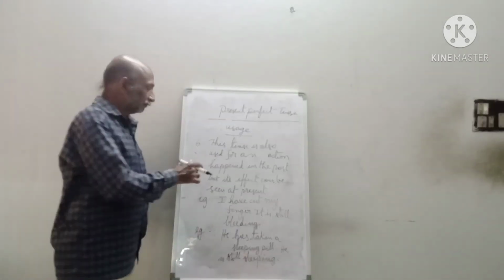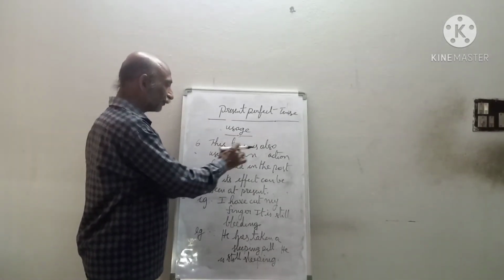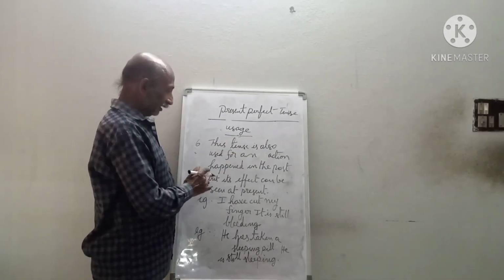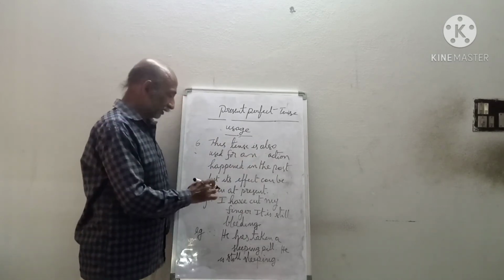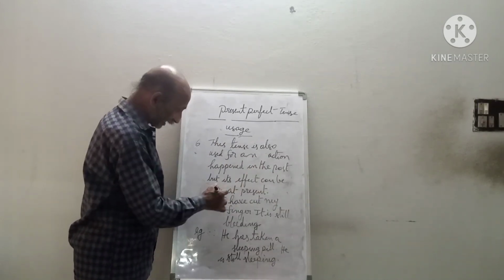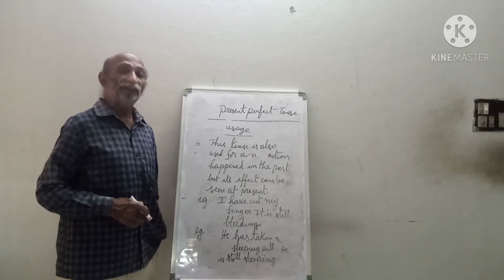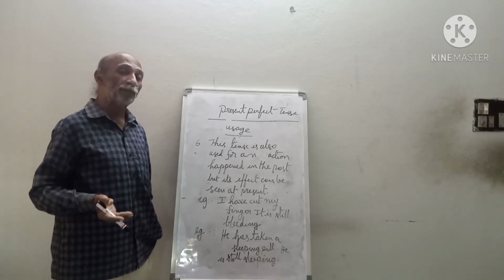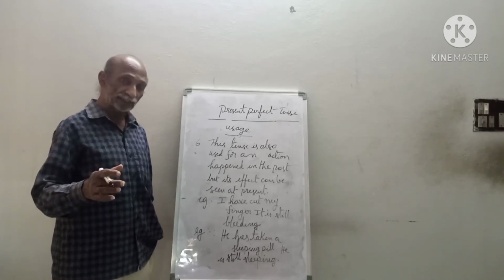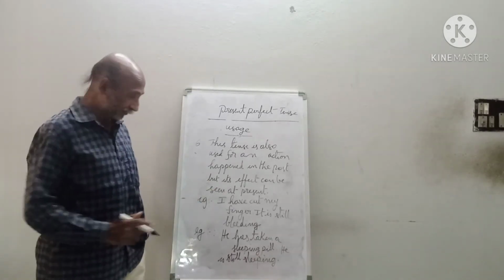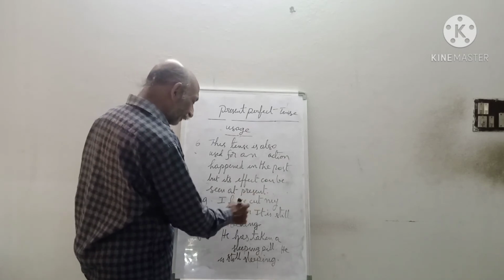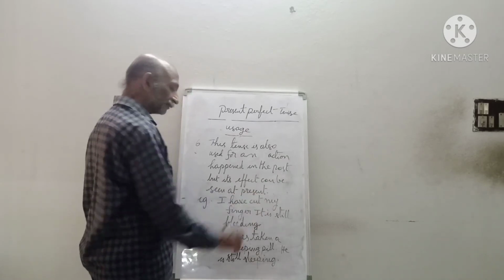Now last one. This tense is also used for an action happened in the past, but its effect can be seen at present. This is also called evidential past. For evidential past actions, we use present perfect tense. Look at the examples. I have cut my finger, it is still bleeding.